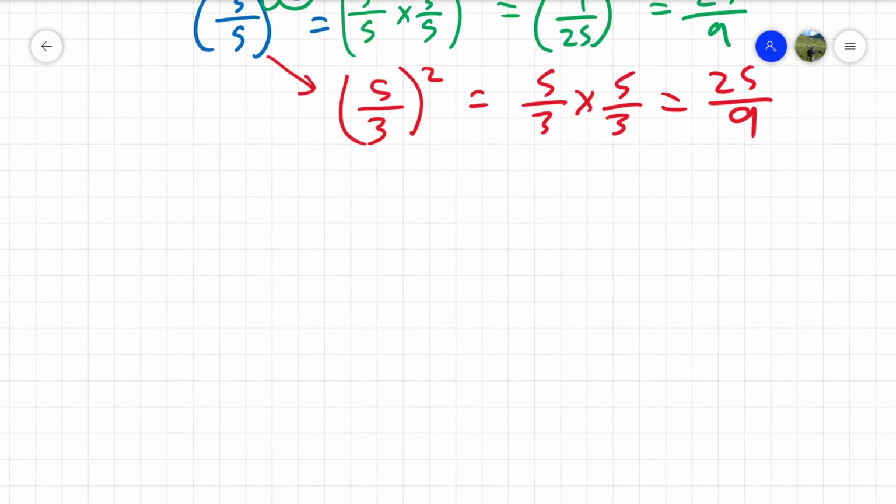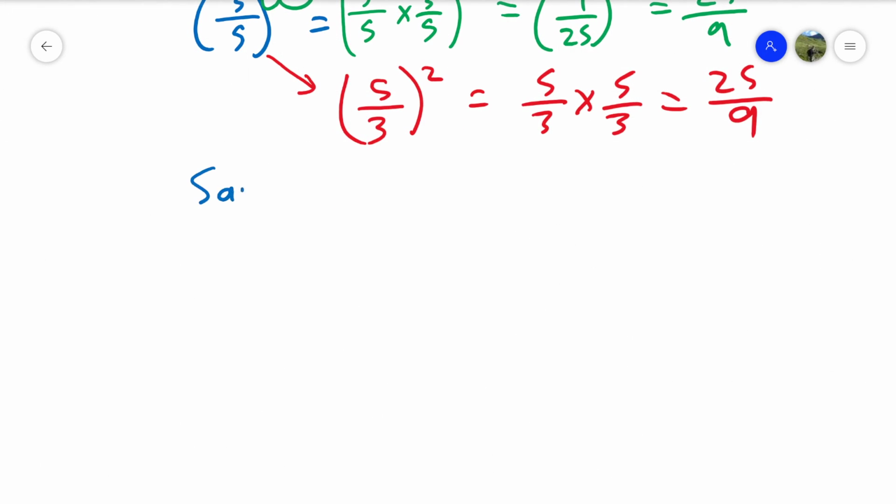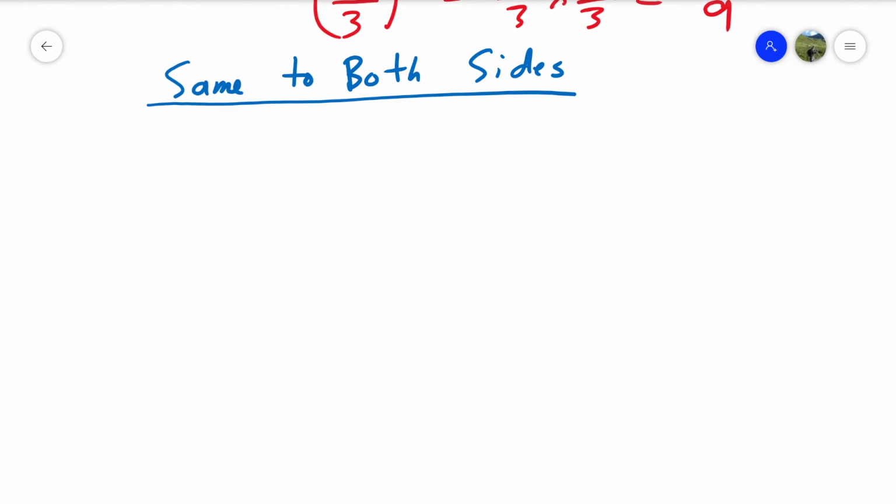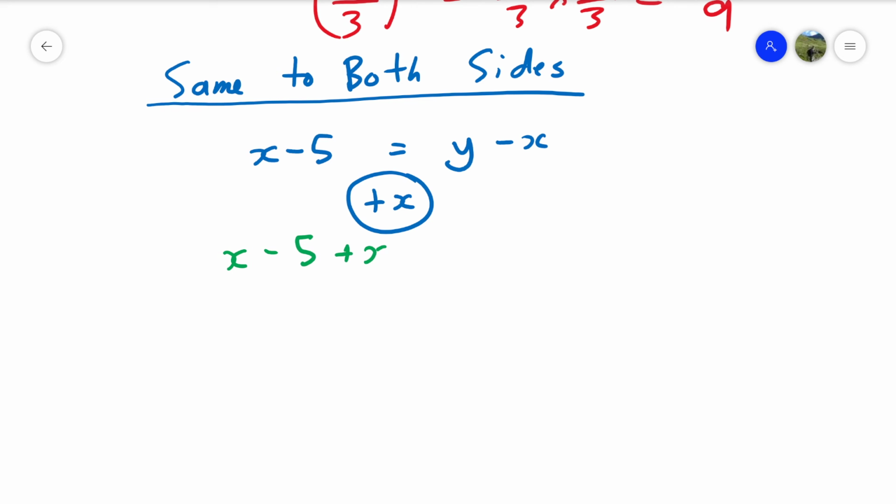Let's do the next question, which is a same-to-both-sides one. This time I'm going to capitalize it. I just can't decide whether I should capitalize it or not. There we go. Have a go in your own time. Just to be careful, it's plus, so I do it once to each side.